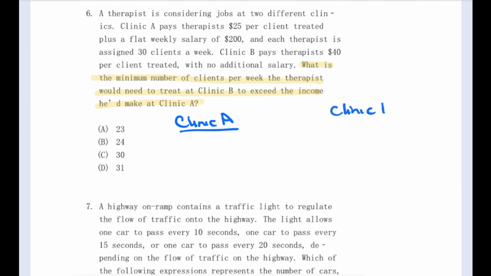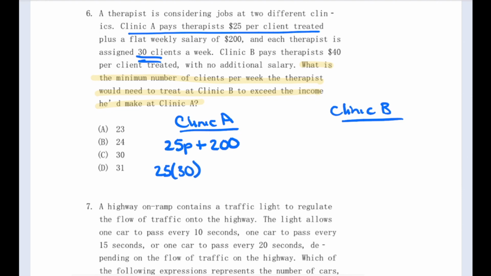So first thing we're going to do is write equations for Clinic A and Clinic B. So Clinic A pays the therapist $25 per client. So we're going to do 25p, p standing for per client, plus a flat rate of $200. So that is our equation. So then we know that there's going to be 30 clients a week.